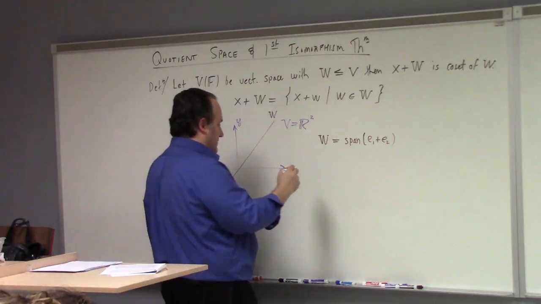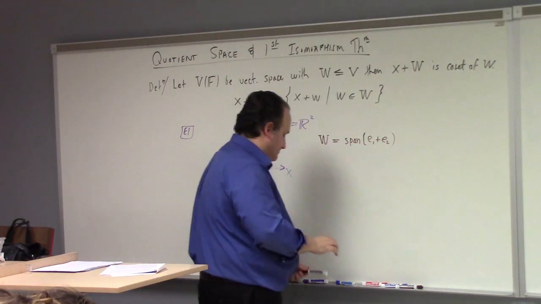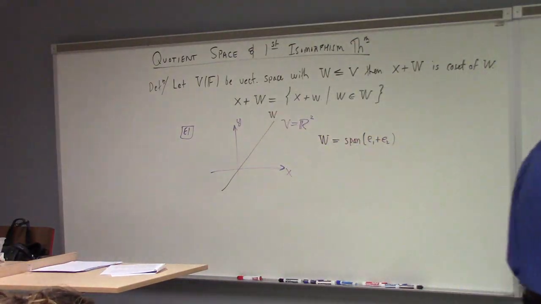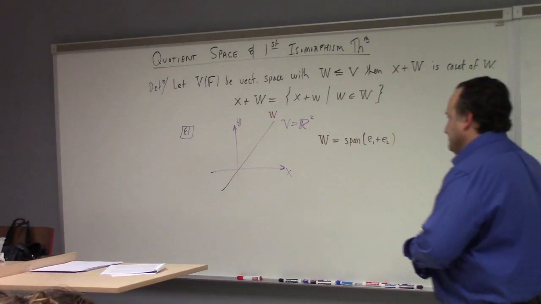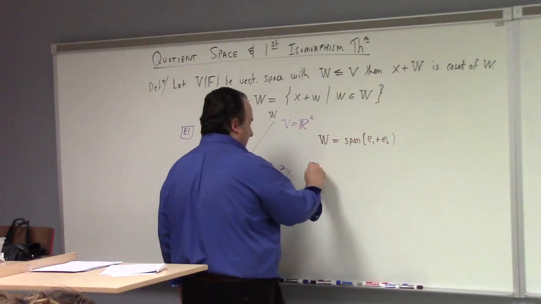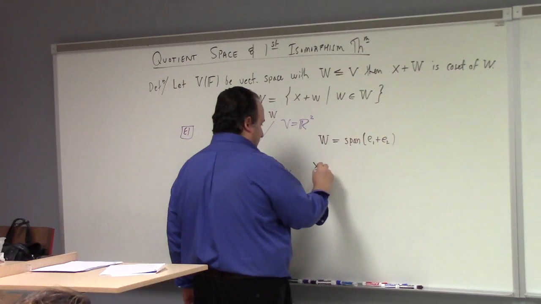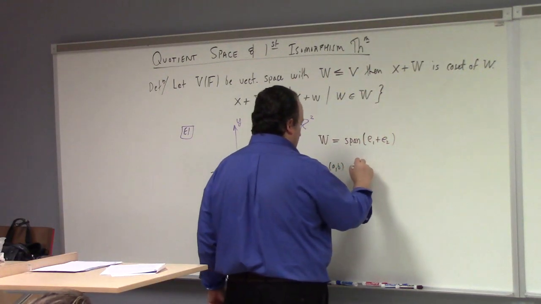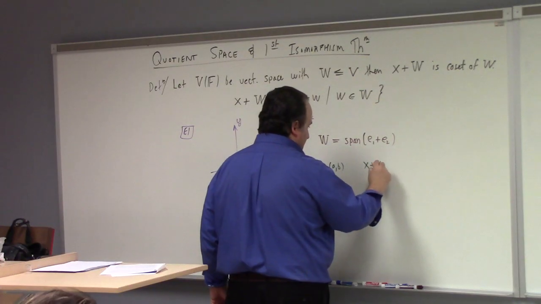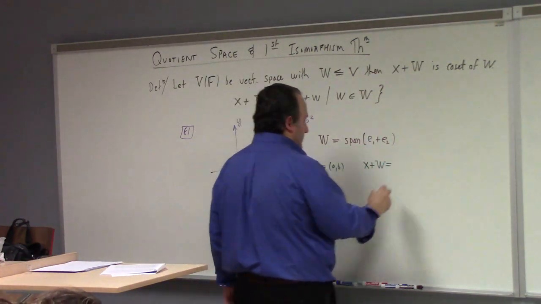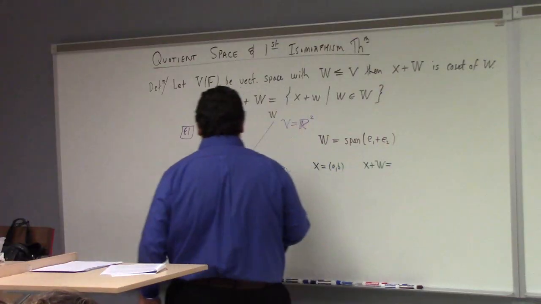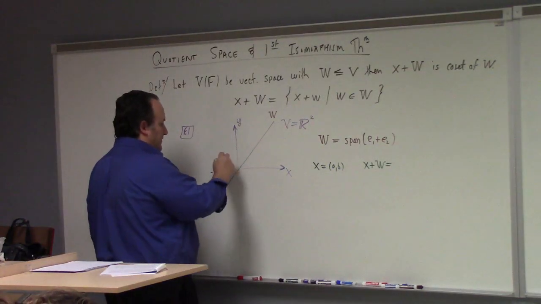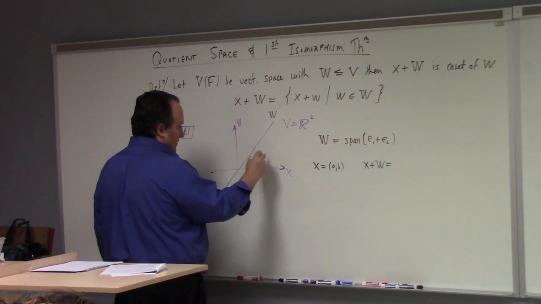So what's X plus W? If I have X equal to (a, b), then X plus W in this context is wherever (a, b) is, maybe it's here.